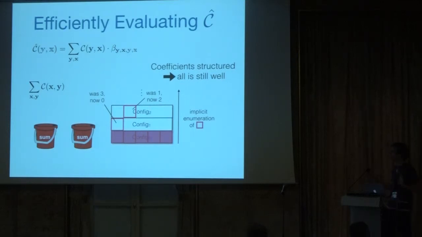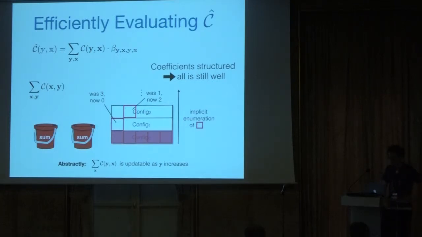So everything is still okay. The specific structure is that it's a tensor code, but let's not get into that. Okay, so abstractly, we just use this simple observation that if you look at the summation of everything in a single configuration, that quantity is updatable as you go from one configuration to the next.